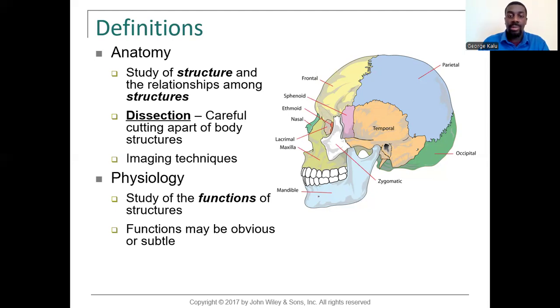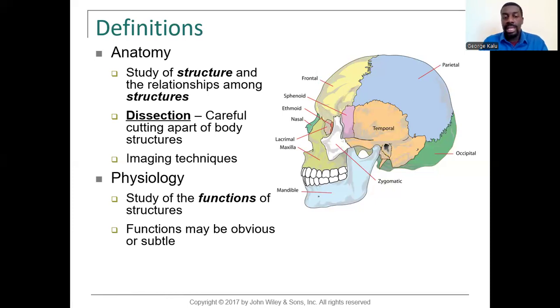And so a dissection is where we cut apart different parts of the body so that we can study it and look at how all the structures are put together and what they all do. Okay. So that's one way that we're able to do that in a lab setting through dissection. But we can also use imaging techniques, and we'll look at that towards the end of the PowerPoint. Okay, so anatomy is the study of the structures and the relationships between those structures.